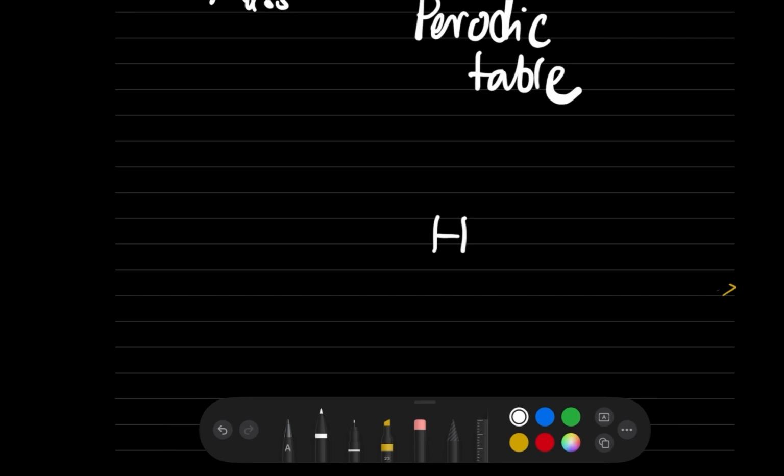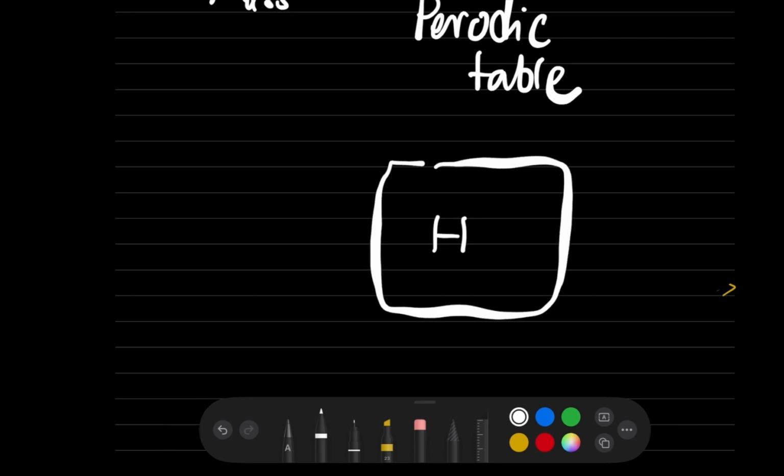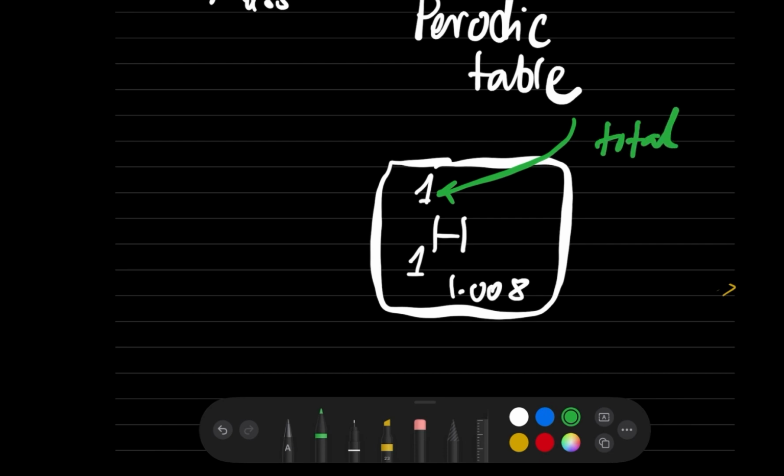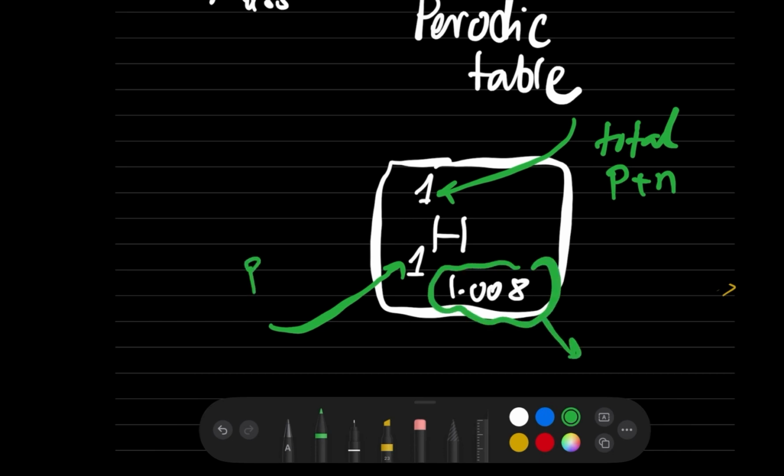If you go to the periodic table and look at the hydrogen atom, it contains 2 numbers, 1 above and 1 below, in addition to this number 1.008. This is the nucleon number, which represents the protons and neutrons. And this number here represents the number of protons. This number here represents something called atomic mass.